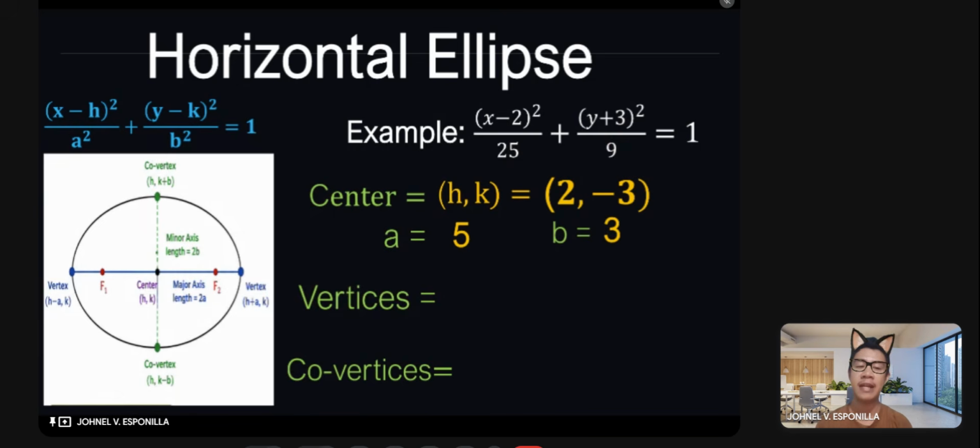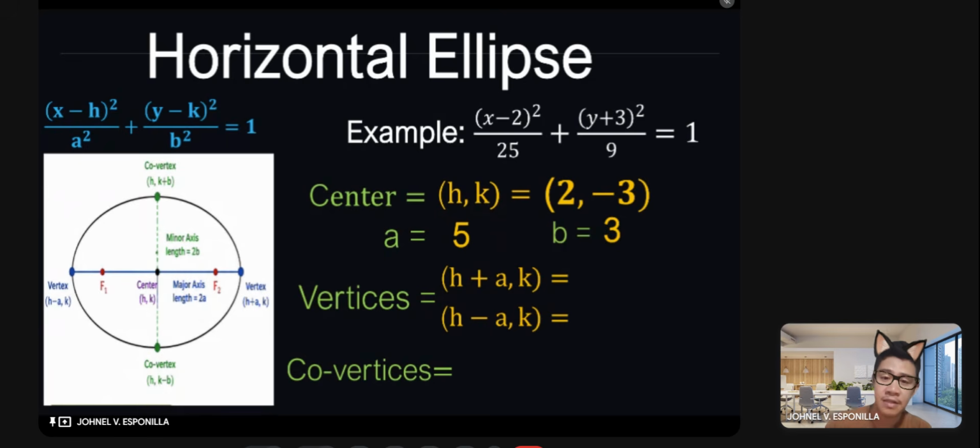Pwede na nating mahanap yung vertices and the co-vertices natin. Sa vertices ng horizontal, ang formula ay h plus minus a, k. Okay? So yung y value natin hindi magbabago, which is the k. Si h natin, merong chance na aakyat or bababa, kasi we're going to add a and subtract a from the vertices.